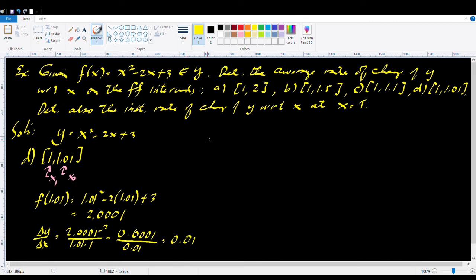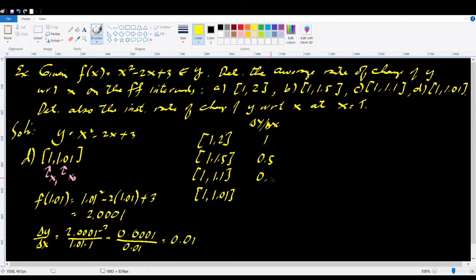So it started with the interval 1, 2, followed by 1 to 1.5, then 1 to 1.1, and finally 1 to 1.01. Our delta y over delta x over these intervals were 1, 0.5, 0.1, 0.01.